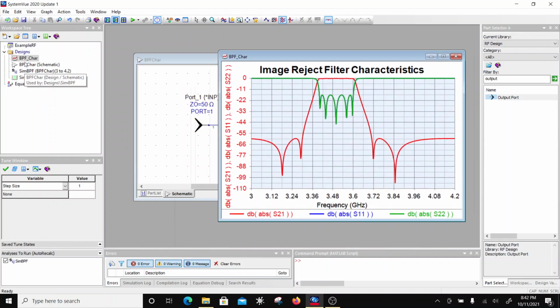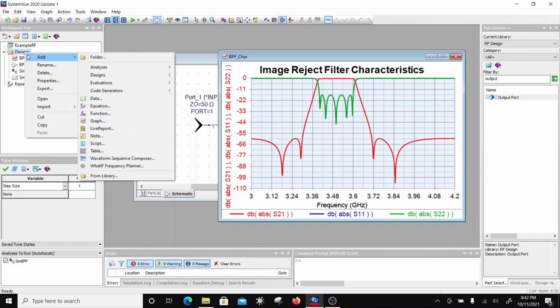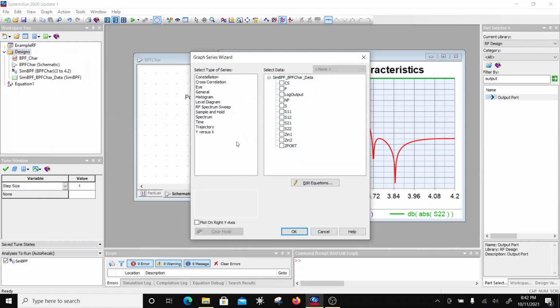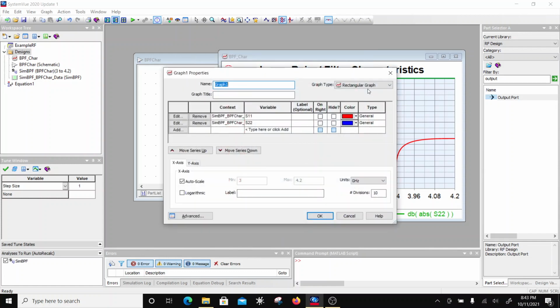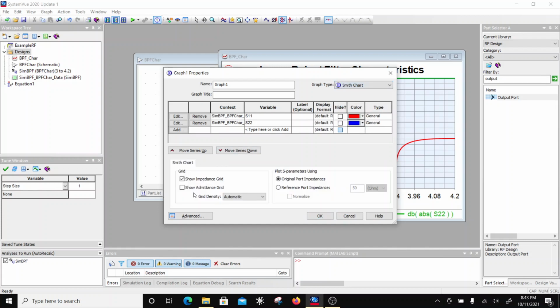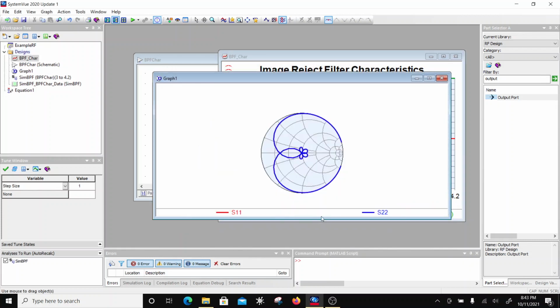Another thing you can do is you can go here and plot this return loss in a Smith chart. So you go to general, and let's look at S11 and S22, this is going to be the entire thing, and say okay. And over here you can change this to Smith chart and say okay.